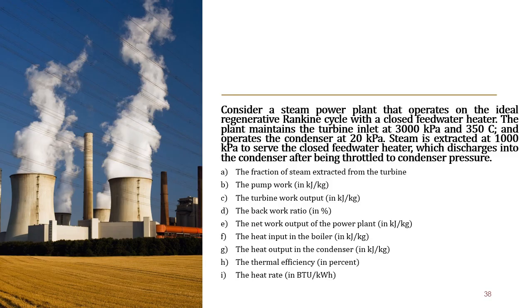So in this next problem, we will consider a closed feed water heater. So we are given here an ideal regenerative Rankine cycle with a closed feed water heater, and we are given a boiler pressure of 3,000 kilopascal. We're also given a condenser pressure of 20 kilopascal.